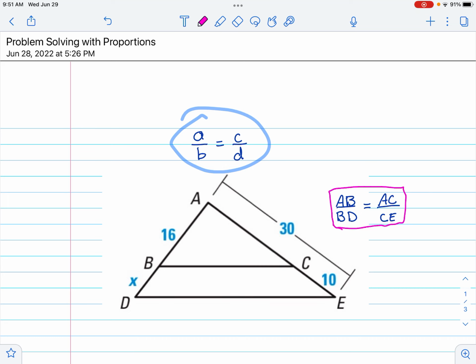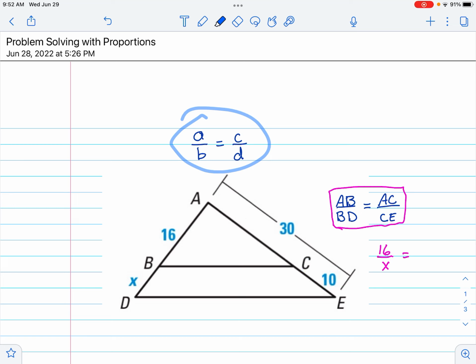We're told that AB, okay, so let's see what AB is. AB is 16, is to BD, 16 is to X, what AC is to CE. Now look, this whole thing over here is 30. And this little part here is 10.